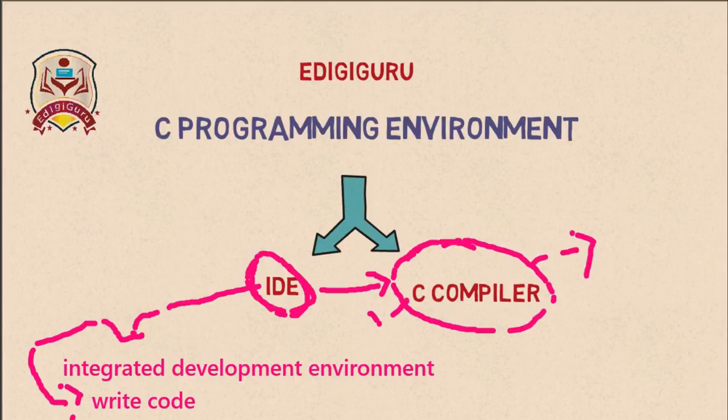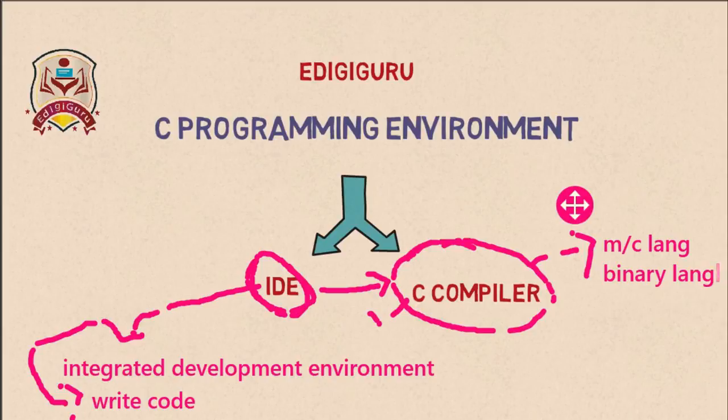It converts the English language into machine language, or it converts the code into binary language, which the computer can understand. Then the computer can execute those instructions written in that particular program and produces an output.